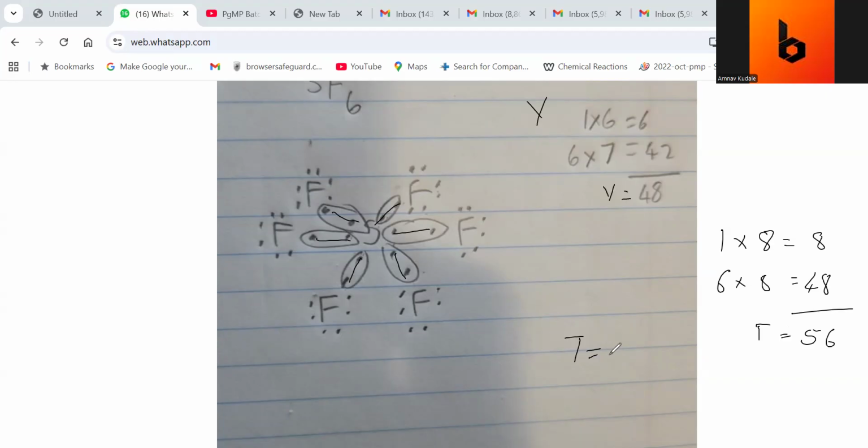If I do t minus v, where this is v and this is t, I get 56 minus 48, which is 8. That is the problem.